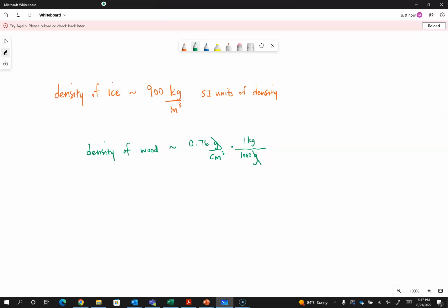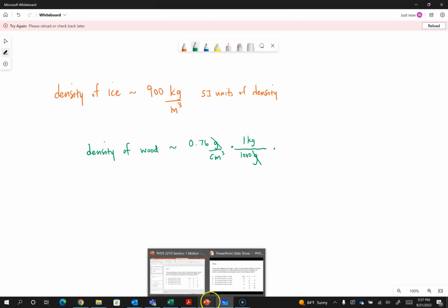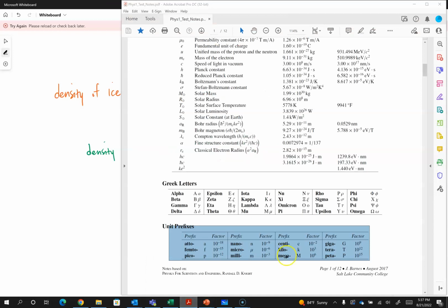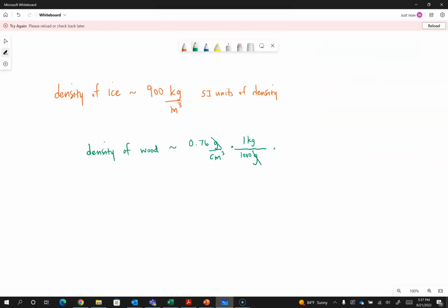So we have kilograms in the numerator now, but we need to get rid of the centimeters and convert it to meters. We could look on the table, centimeters right above kilometers, kilo, the C, 10 to the negative 2. That means there's 100 centimeters in 1 meter.